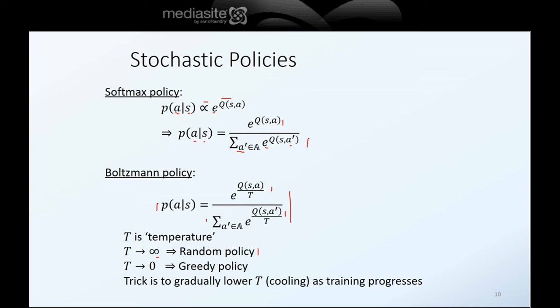You start from a very high value of T, and then as the training progresses, when the Qs have accrued some non-zero values, you start cooling, and you cool gradually. So the policy transforms from a purely random policy initially to gradually becoming greedier and greedier, and at the end it becomes a very greedy policy.